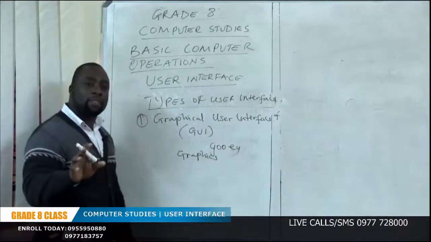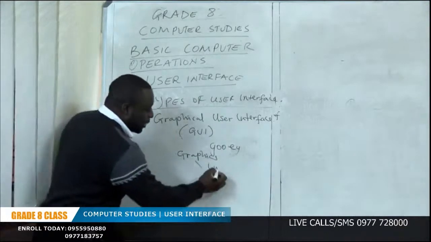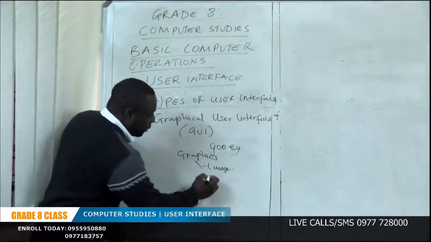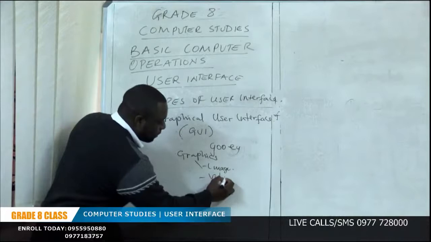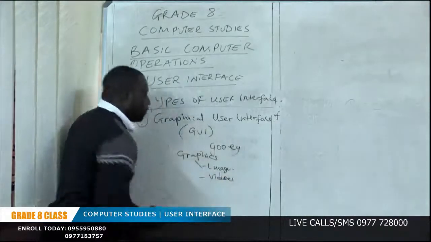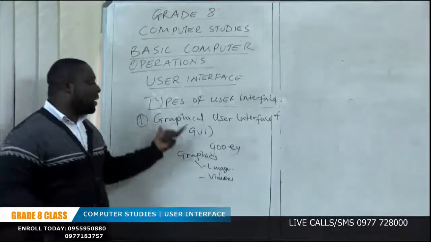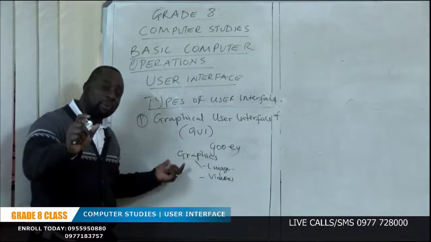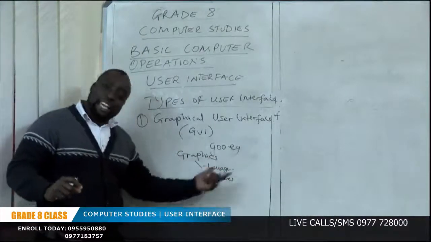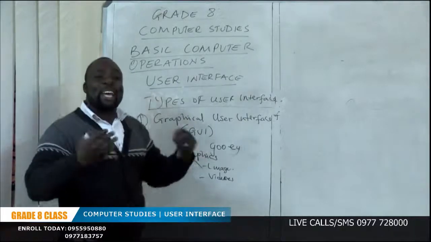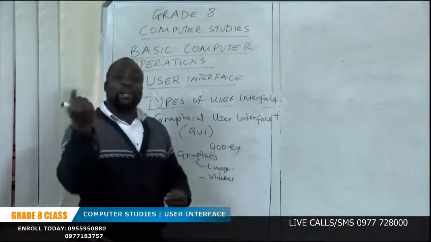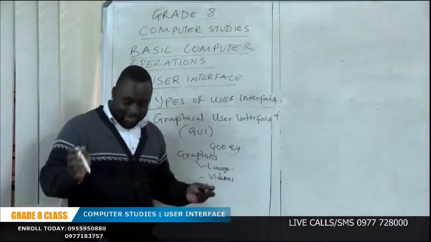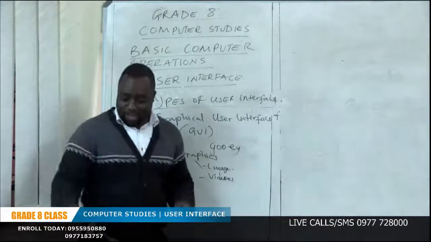When we talk about graphics, we mean images. You can also look at videos. By graphics, we mean videos, images, and anything that we can relate to the real world environment. Are we together? Good. So that is the graphical user interface.